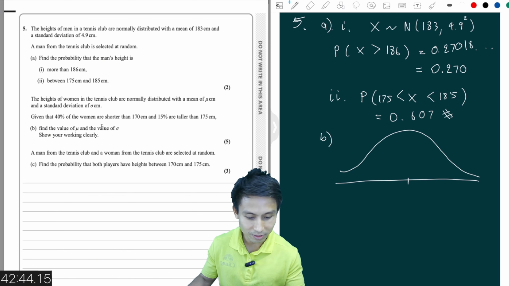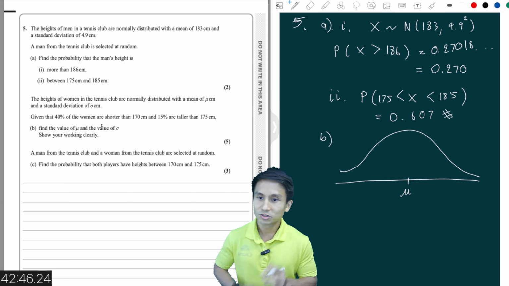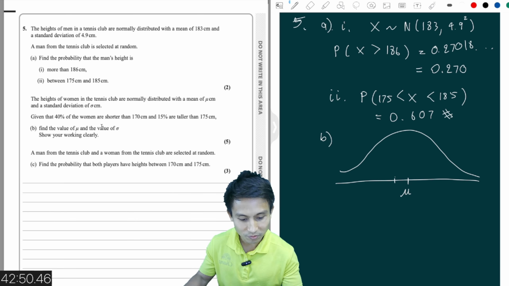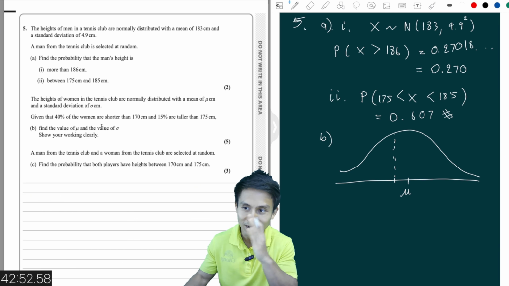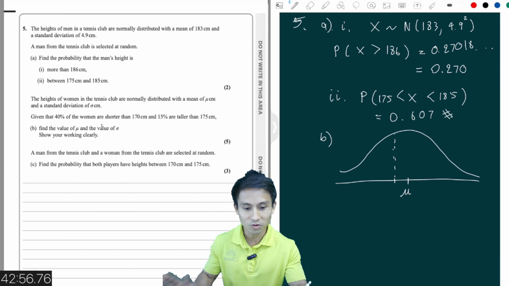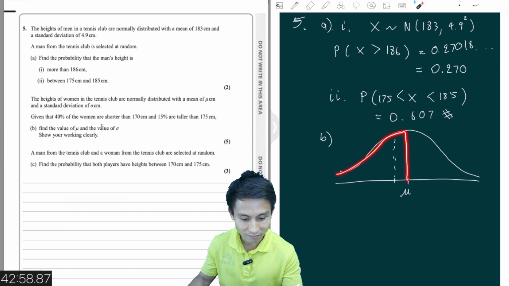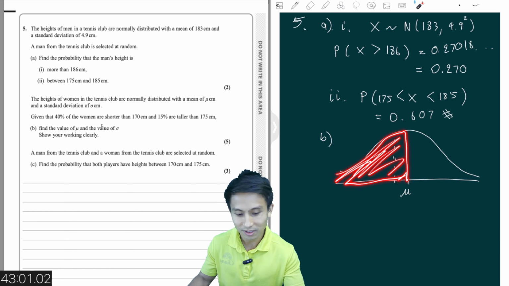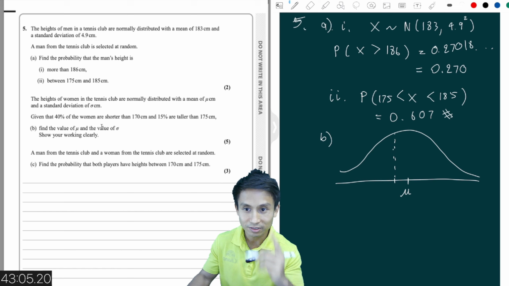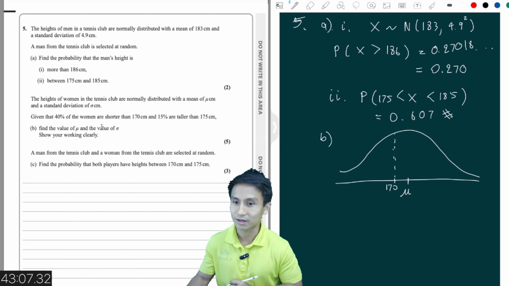So the middle is mu, of course. Shorter than 170, you have 40%. So it looks like it should be somewhere here, nearly in the middle, because if you do the area from the left tail to the middle, this is 50. So 40 is here, makes sense, yeah? That means the 170 is sitting there.